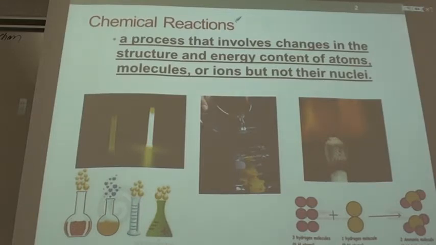So a chemical reaction involves a chemical change. And I outlined for you 4 or 5 different types of evidence that point you in the direction that a chemical change has occurred. What piece of evidence do you get from this picture?